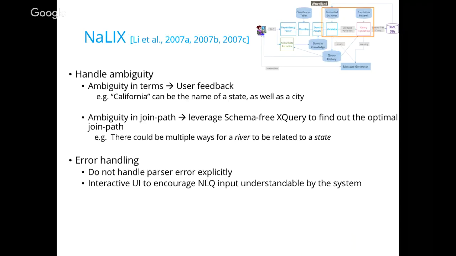Schema-free XQuery will, based on what the actual data looks like in XML, decide what the optimal join path is. This system does not handle parser errors explicitly, but it does have an interactive UI to encourage the user to input an understandable NLQ query. It would say, I do not understand your query, but the query I understand looks as follows.